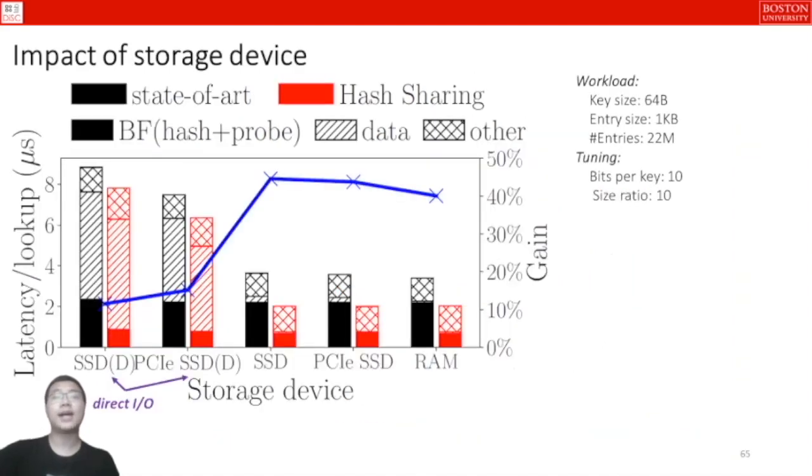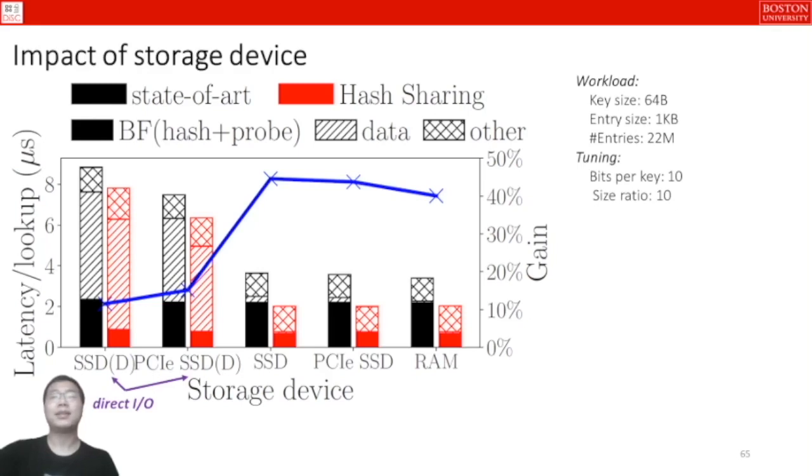Next, we conduct our experiment on different storage devices, including SSD and PCIe SSD with and without direct I/O. We also emulate non-volatile memory using Ramdisk. Note that without direct I/O, many pages are cached by the system, and that is the reason why SSD and PCIe SSD without direct I/O can achieve similar performance to RAM disk.